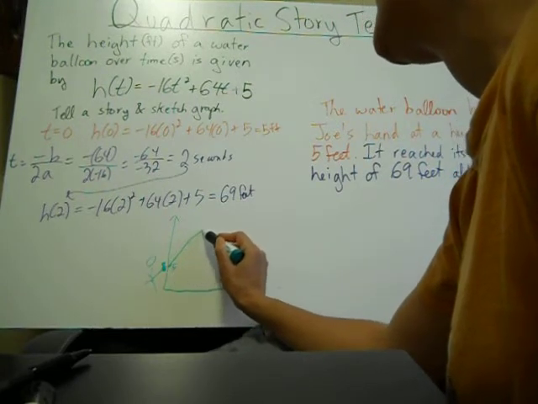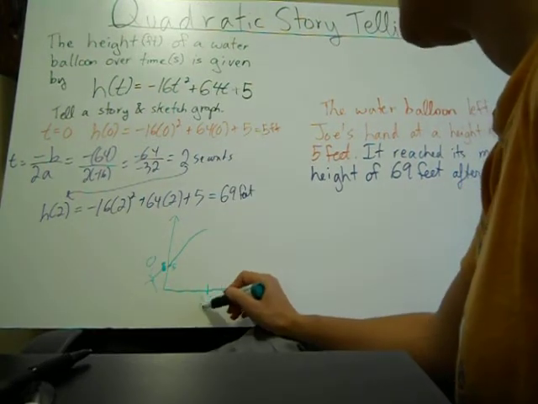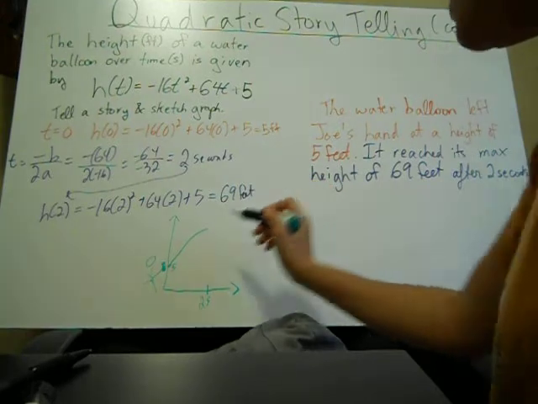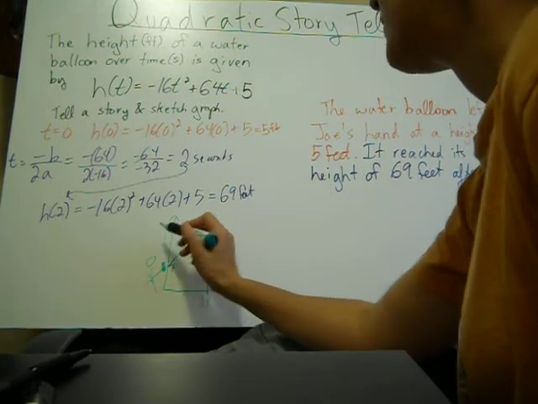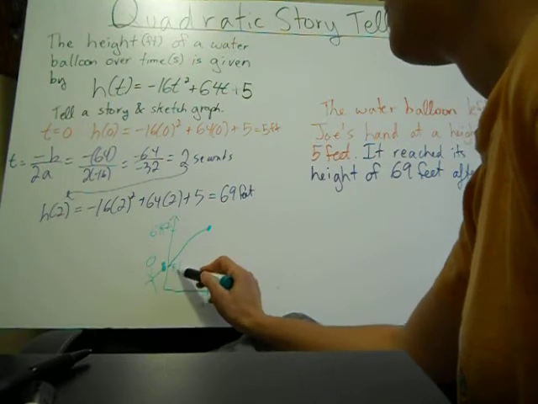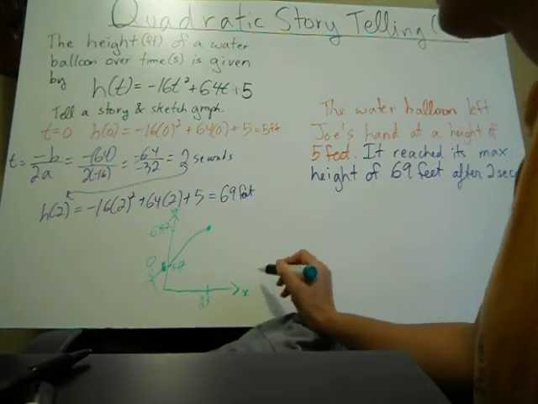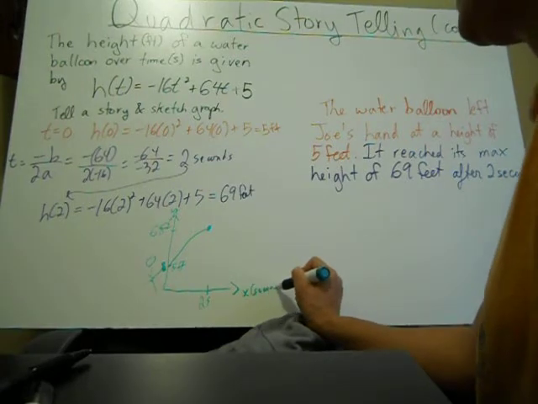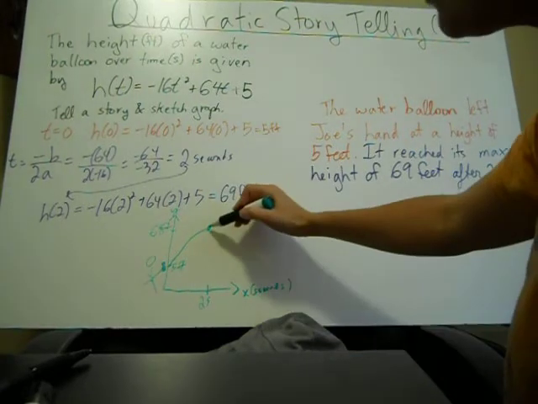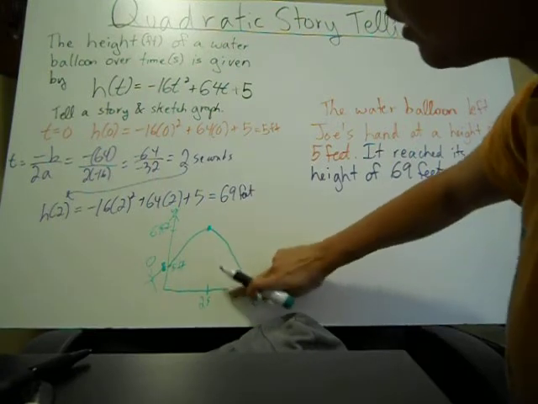It goes up and after 2 seconds hits a maximum height of 69 feet. This is y, everything's in feet, and this is x, everything's in seconds. Then it comes back down, and we want to know when.